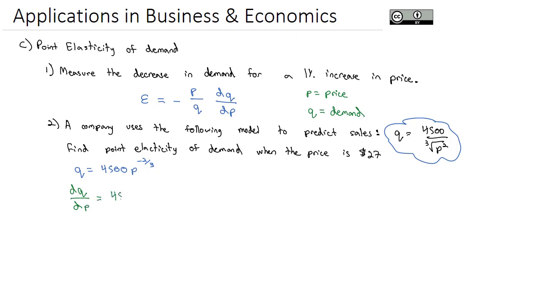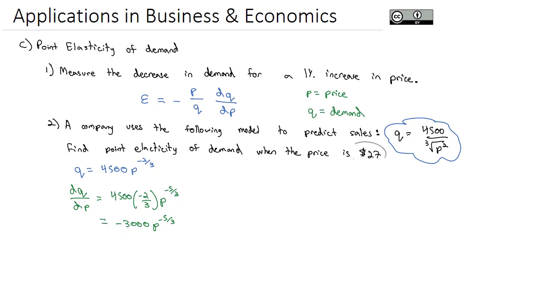We've got this constant of 4,500. Bring the exponent out front of negative 2/3, and then decrease the exponent by 1. Subtracting 3/3 gives us negative 5/3. Simplifying, 4,500 times negative 2/3 is negative 3,000 P to the negative 5/3 power.